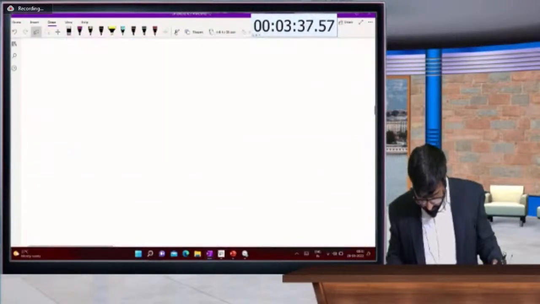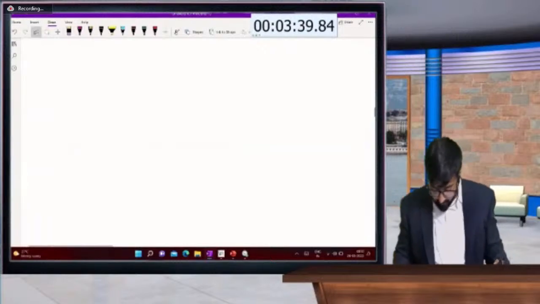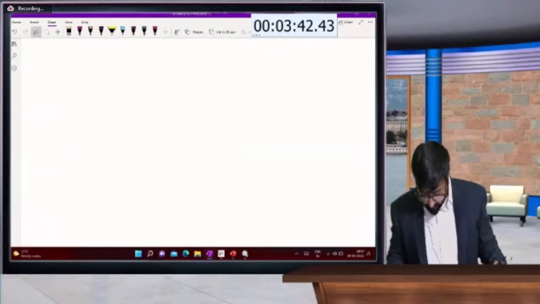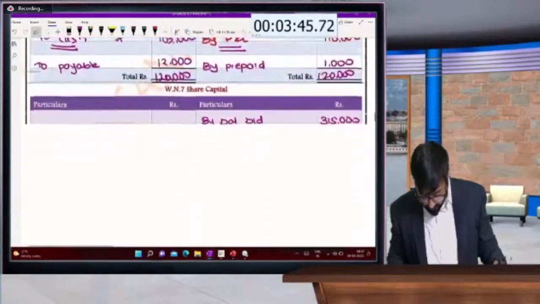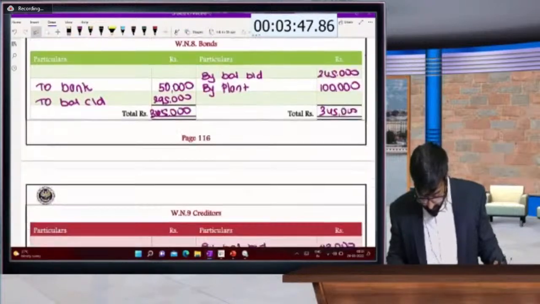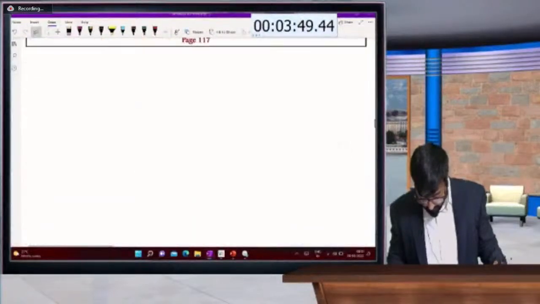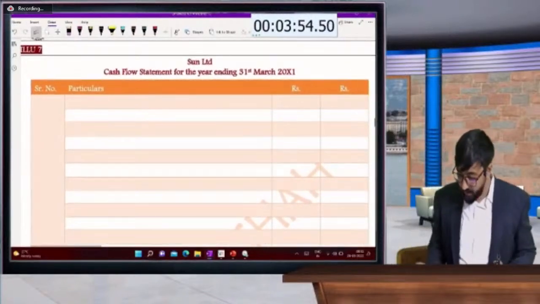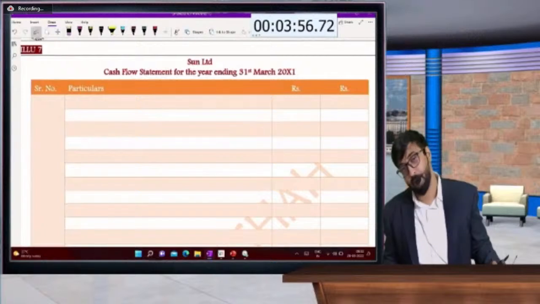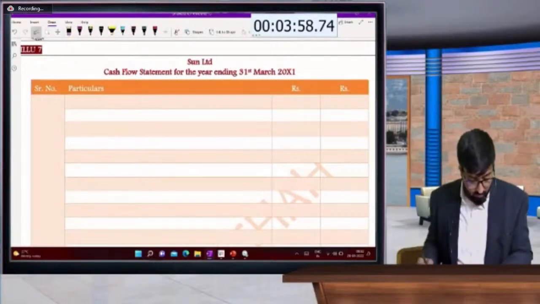Cash flow statement, write down. Particulars, rupees. Sun Limited. Serial number, particulars, rupees. Okay.